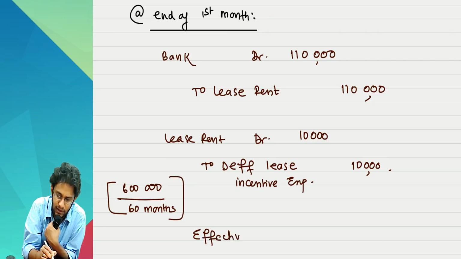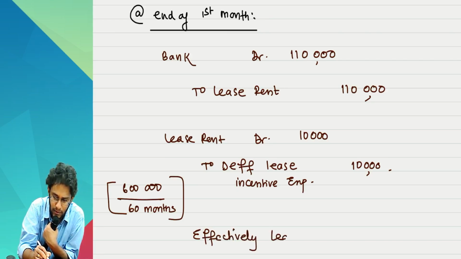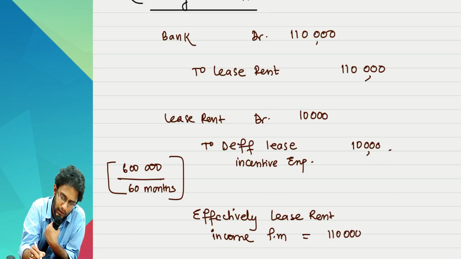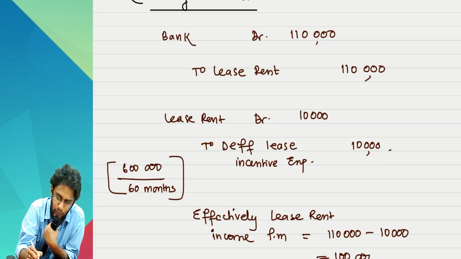Which means effectively lease rent income per month is equal to 1,10,000 minus 10,000, that is equal to 1 lakh rupees.